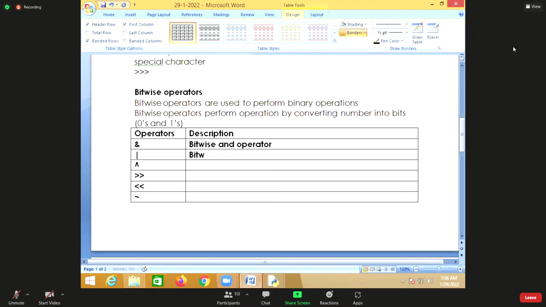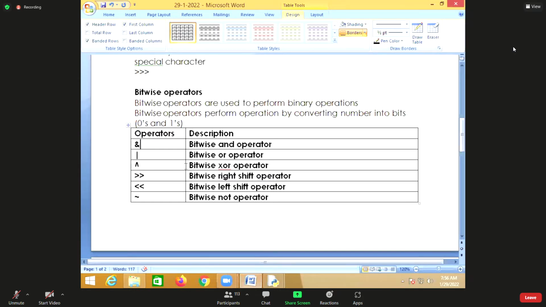This one is the bitwise OR operator, this is the bitwise XOR operator, this is the bitwise right shift operator, this is the bitwise left shift operator, and this is the bitwise NOT operator.